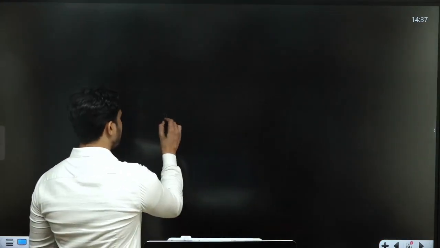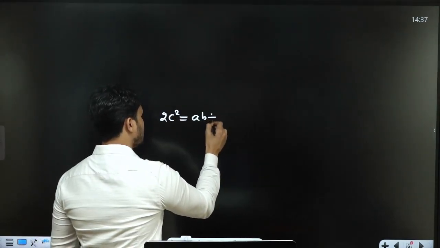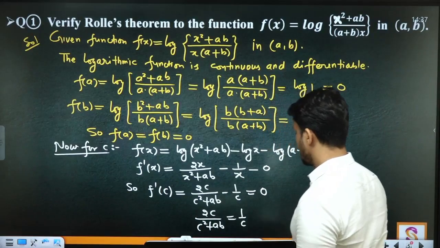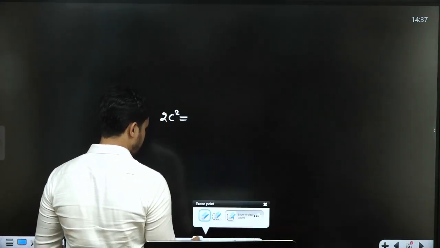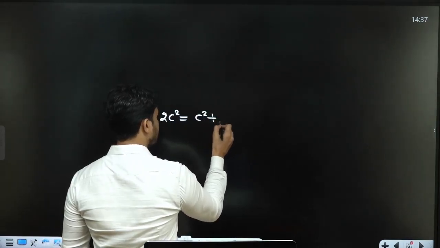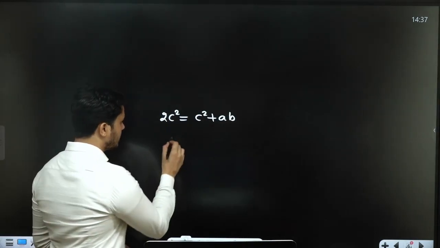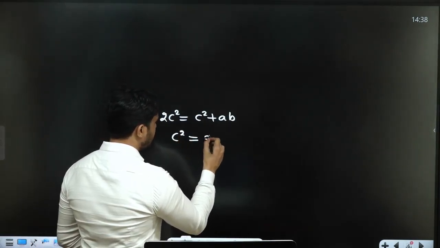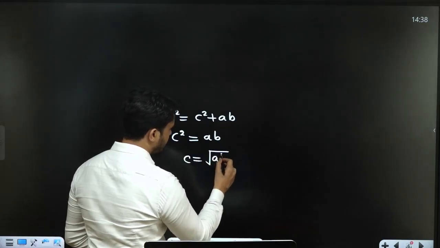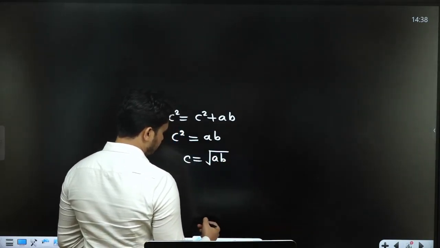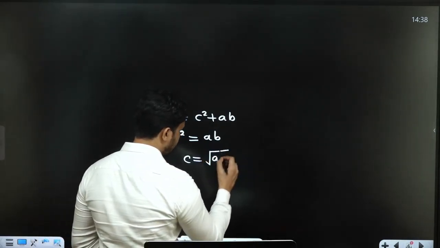So 2c square is equal to c square plus ab, and c square is equal to ab and c is equal to square root of ab. अब ये बताइए that is square root ab, इसे क्या कहते हैं?